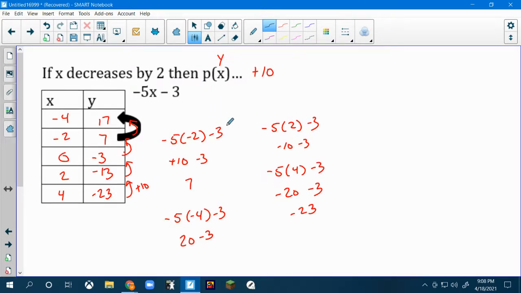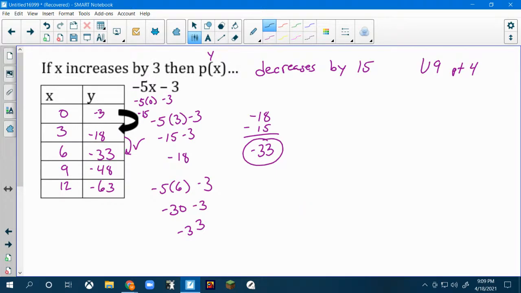Okay. Notice something. If I am decreasing by 2, and I multiply that by my m value, what do I get? Positive 10, right? Let's go back here. If I'm increasing by 3, that's plus 3, and I multiply that by negative 5, what does that equal?